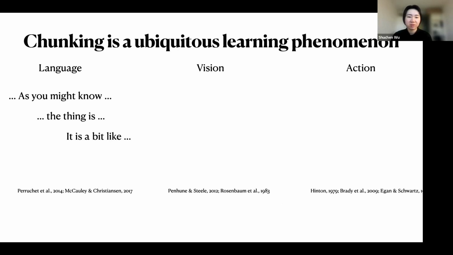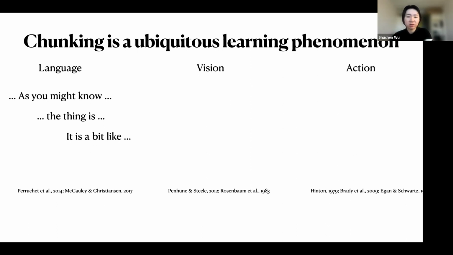Studies have shown that people can store in their short-term memory, instead of 4 letters or 4 phrases, 4 chunks. So in language there are these bits and pieces that, when we say them, the whole thing comes out as a unit.